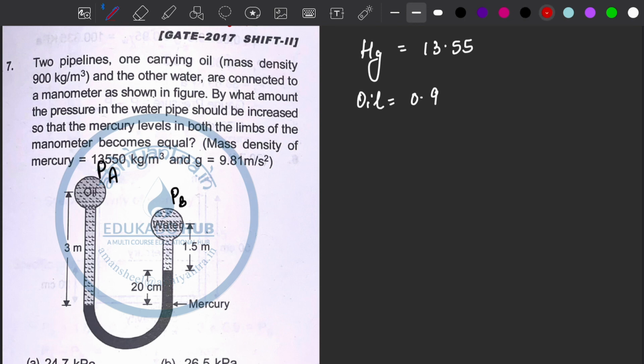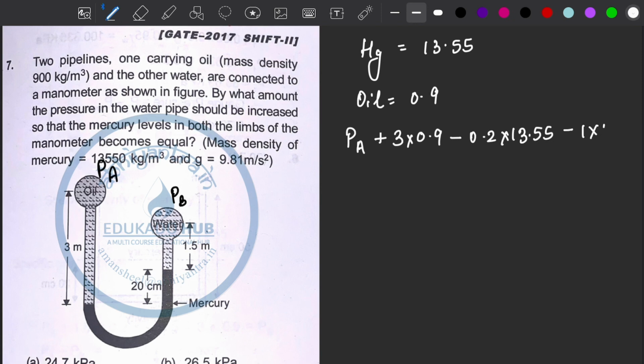Now pressure A plus 3 meters of 0.9 and minus 20 centimeter, that means 0.2 into 13.55 and minus of water level is 1 into 1.5 is equal to pressure at B, right?